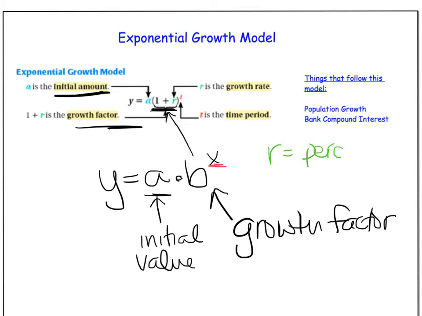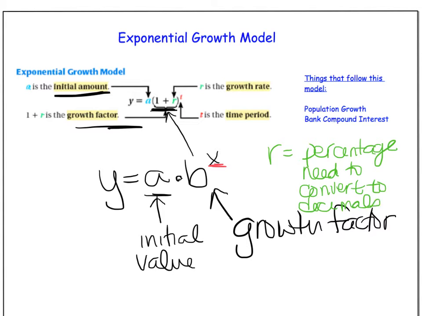And when you see the percentages given to you in these word problems, you need to convert to a decimal. And you do that by dividing by 100. So just keep in mind that your percentages need to convert into decimals in order to use them in this equation.